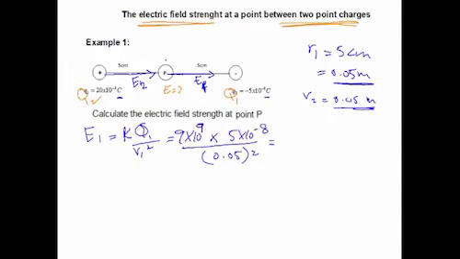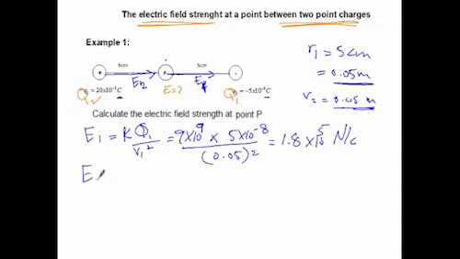For the force, we substituted with the minus signs just to know whether the force is negative or positive. If it is negative, that indicates an attraction force, and if it is positive, it means a repulsion force. No need to put the minus sign here. So this is going to give us 1.8 times 10 to the 5 newton per coulomb. This is our E1, to the right.